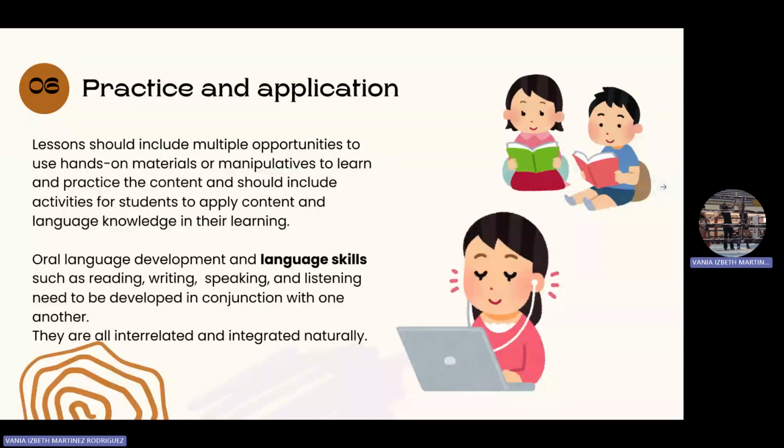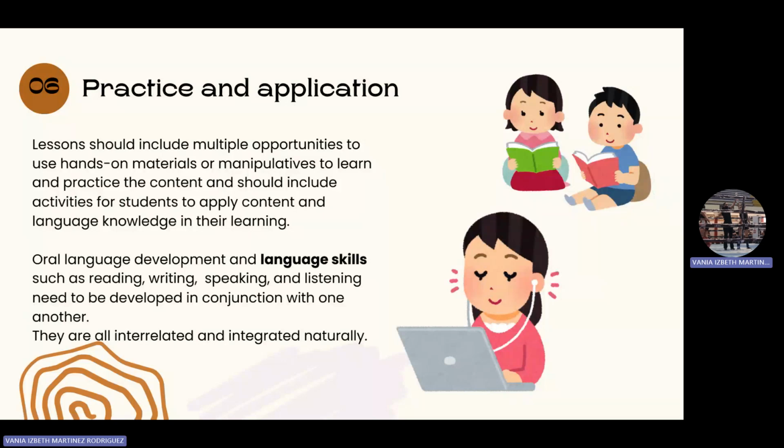The sixth is the practice and application. It is the use of the materials according to their language skills. For example, it could be reading, writing, speaking, and listening, and they should be developed in conjunction with one another, and they are also interrelated and integrated naturally.